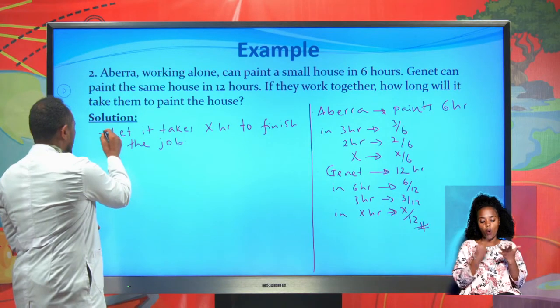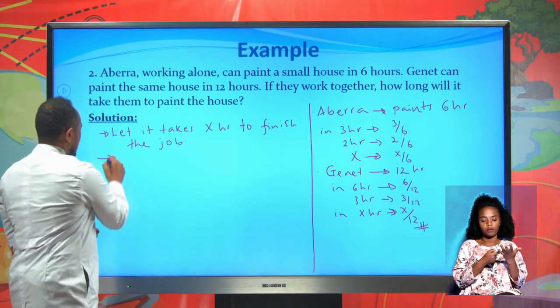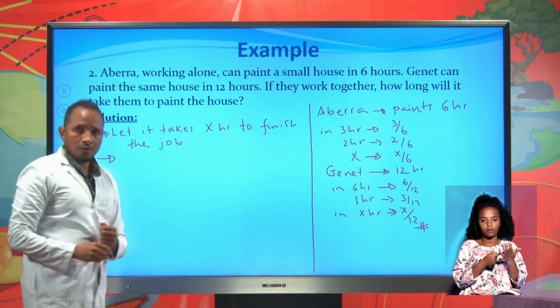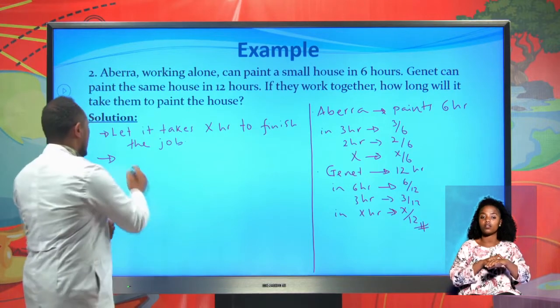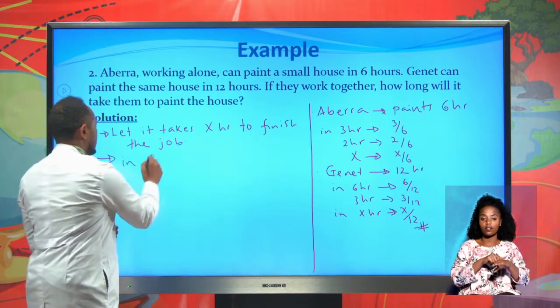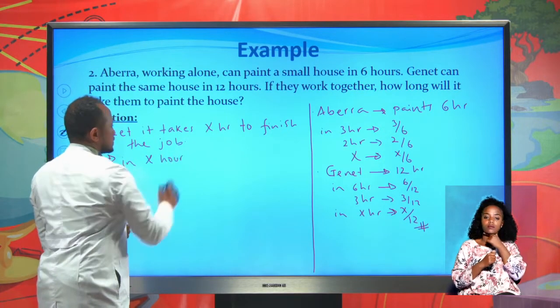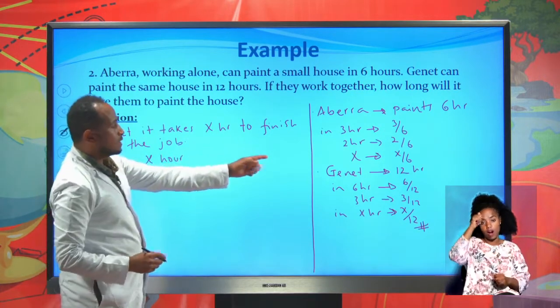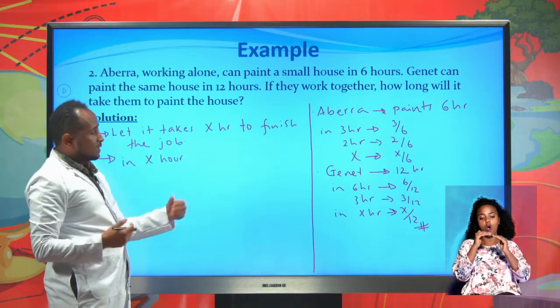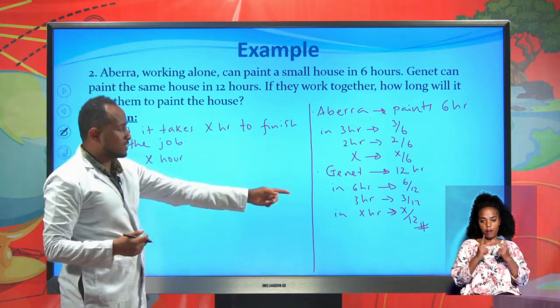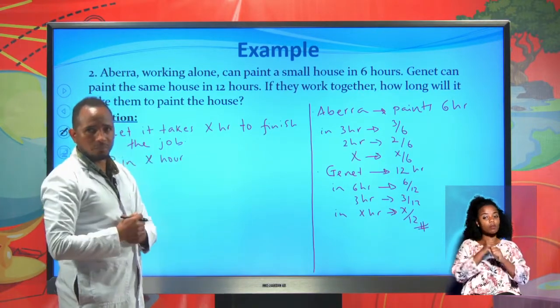So in x hours, Aberra completes x over 6 part and Gannet completes x over 12 part of the job.